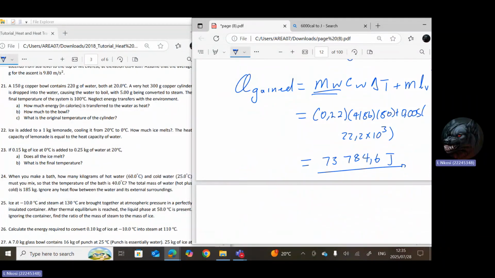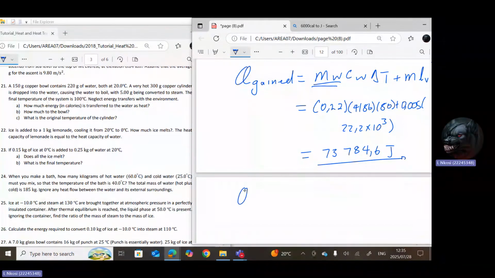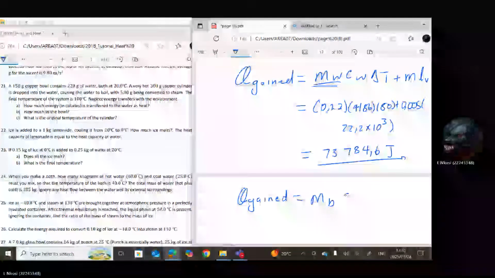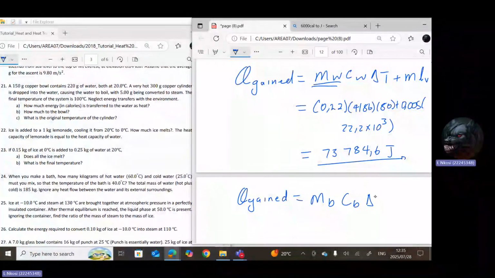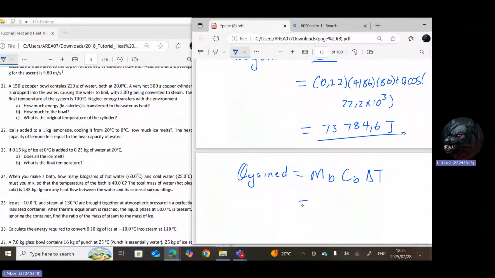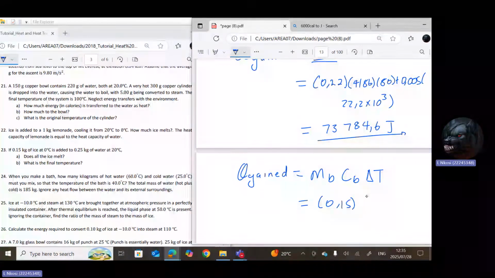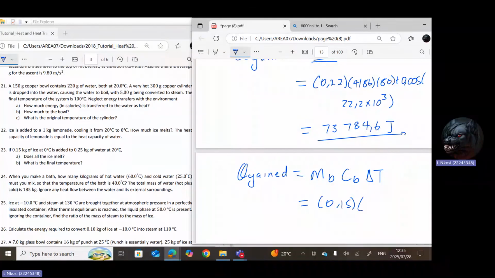But how much for the bowl? Now the bowl we calculate the same way. Heat gained is the mass of the bowl, C of the bowl, change in T. The mass of the bowl is 0.15, which is 150 grams. C for the bowl, what is it for copper?